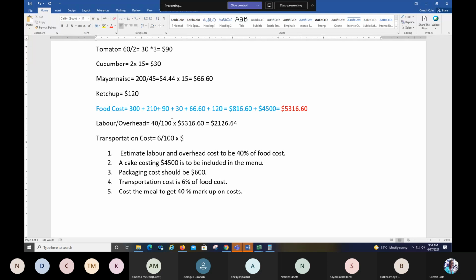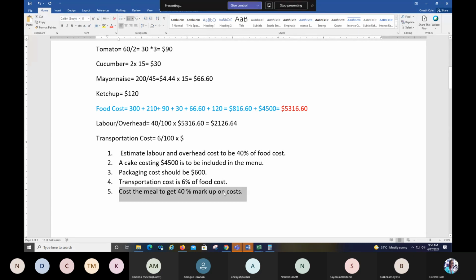It's not a percentage of anything, so there's nothing to calculate. After we work out the percentage, we add the packaging cost, and then we add all of the figures. Once we have calculated the transportation, we then add the packaging cost. After that, we find the markup.